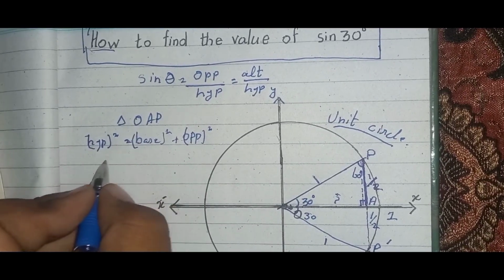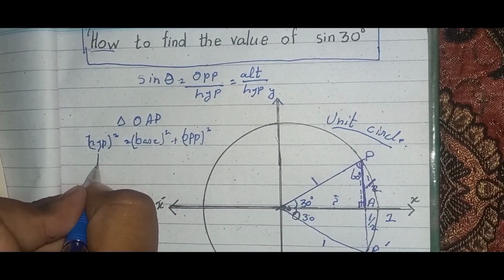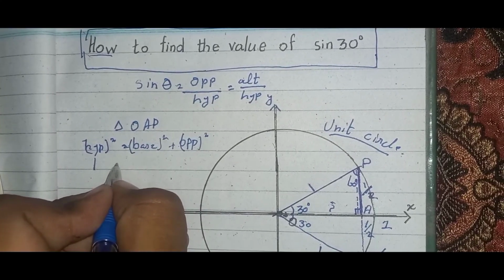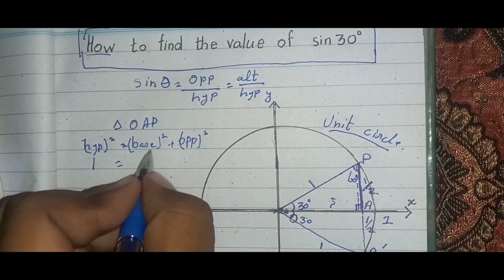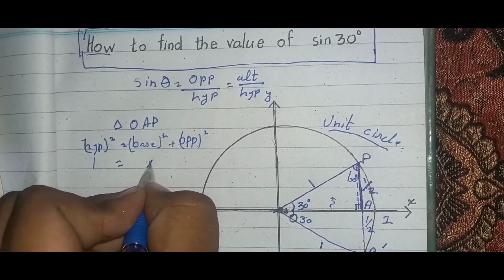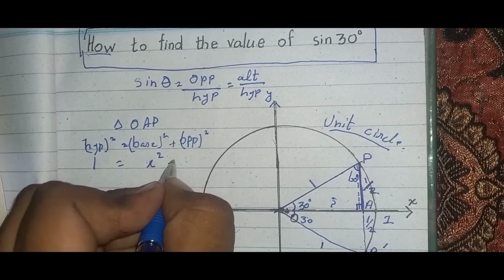The value of hypotenuse is 1, and we want to calculate the value of base, consider it x square.